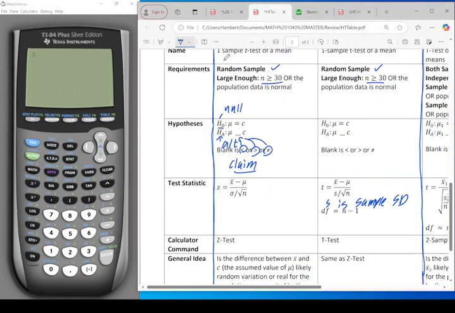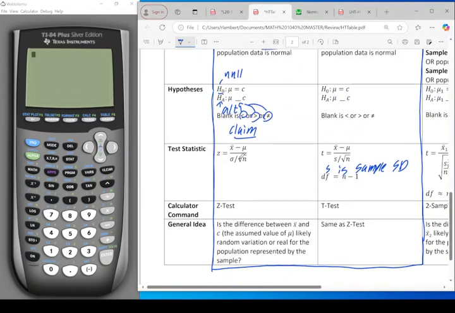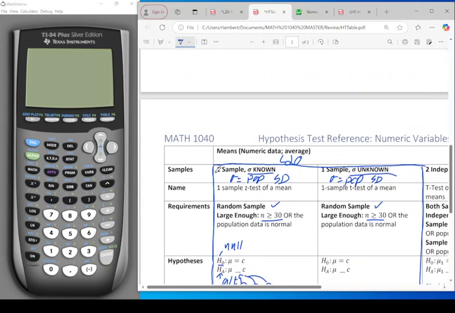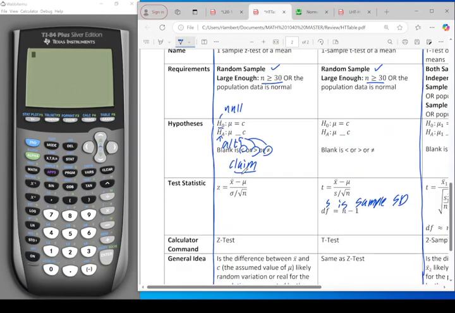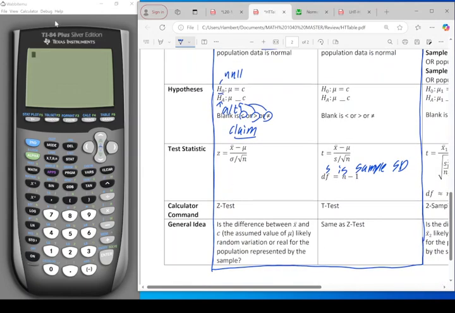So if you consult the table, or just remember, we're doing a z-test here. We have one sample, sigma's known. We got our hypotheses, so let's do our z-test.